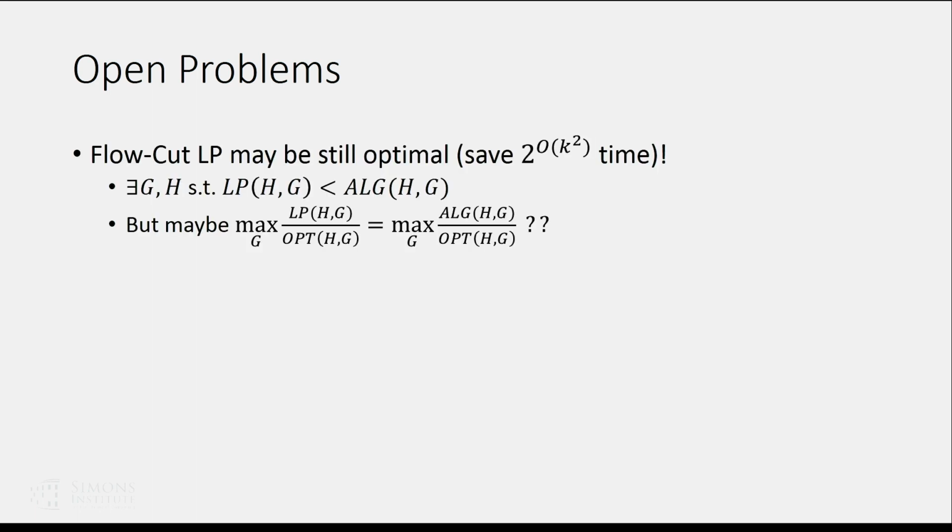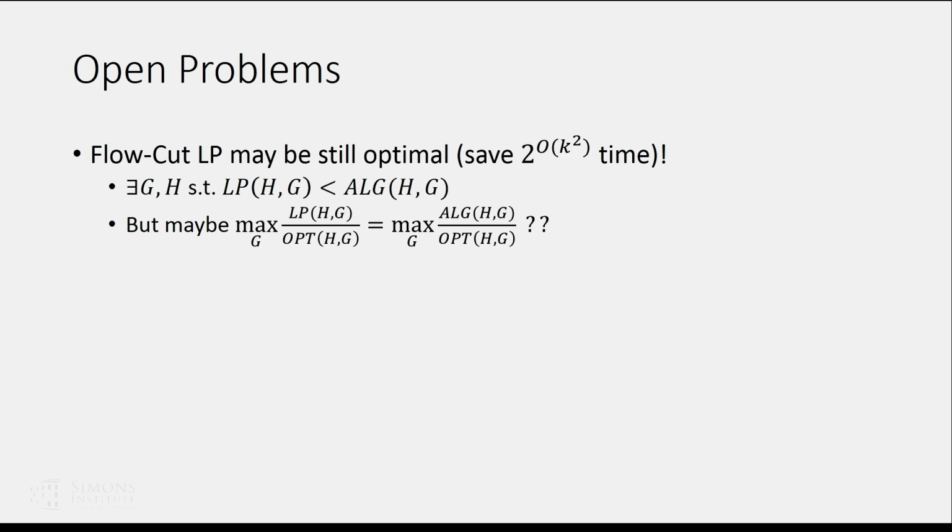I have many other open problems in this direction. The immediate open problem is to see whether the flow-cut LP will be optimal for the directed multicut with H. It's going to have a practical impact because that's going to save us a 2 to the k squared factor in time. The answer can be negative in the sense that we have an instance G and H such that LP(H,G) is strictly less than ALG(H,G).